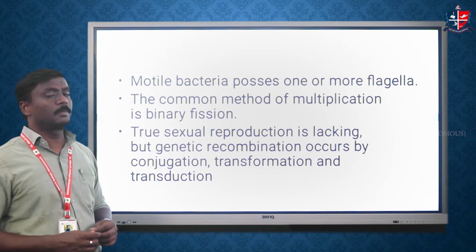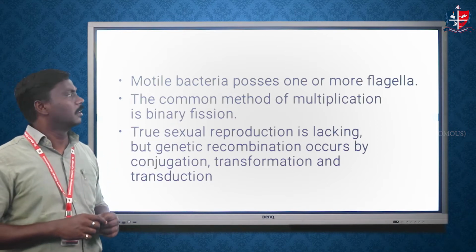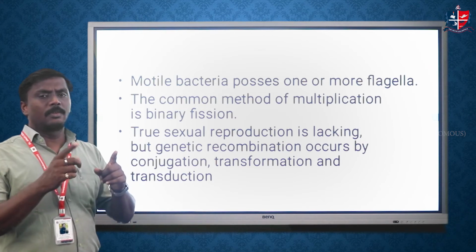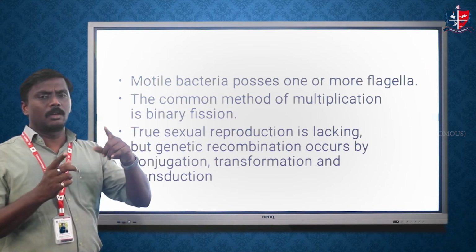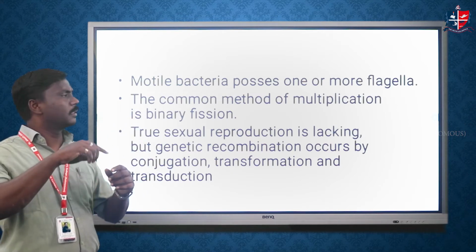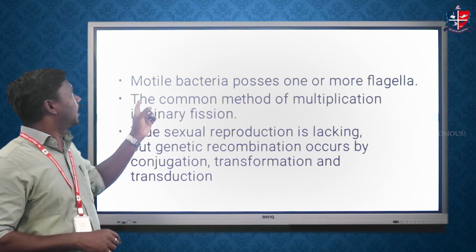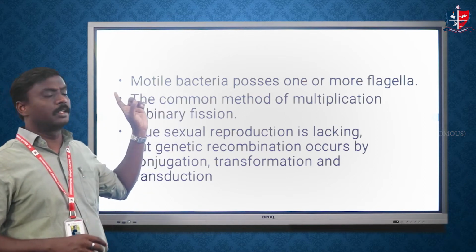Bacteria that are motile can move with the help of these flagella. Amphitrichous means flagella on either side, and peritrichous means the flagella surround the cell wall, and this helps bacteria to move.